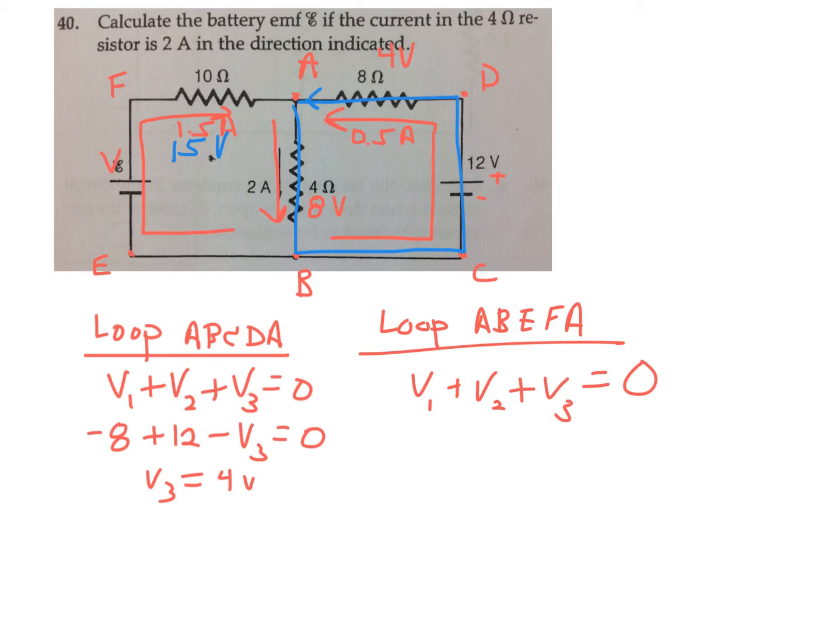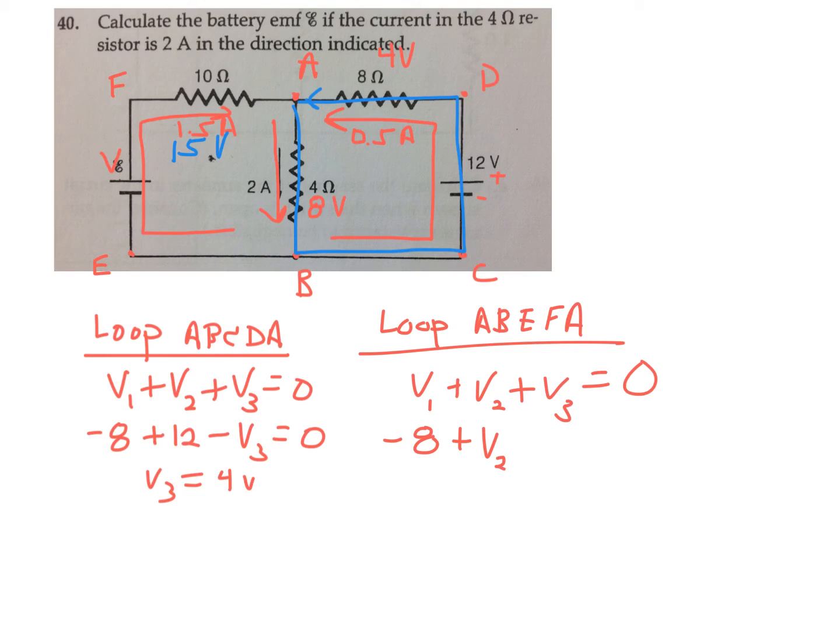When I go from A to B, my walking path would be in the same direction as the red arrow, the current path, so I get a negative 8 volts for that particular resistor once again. And as I come around from B to E to F, from E to F, I'm going with the direction that the battery's pointing, negative to positive, so that's going to be your conventional plus that battery voltage.